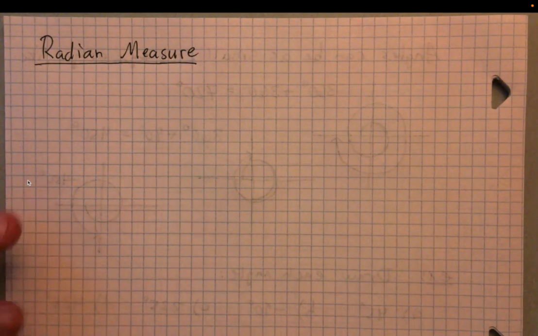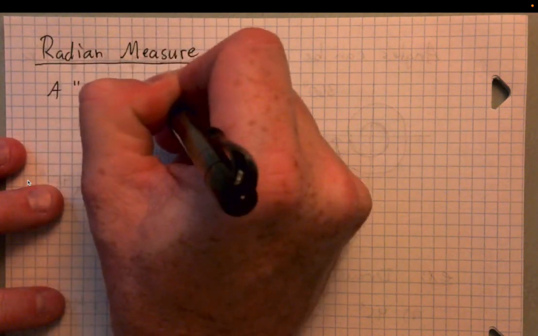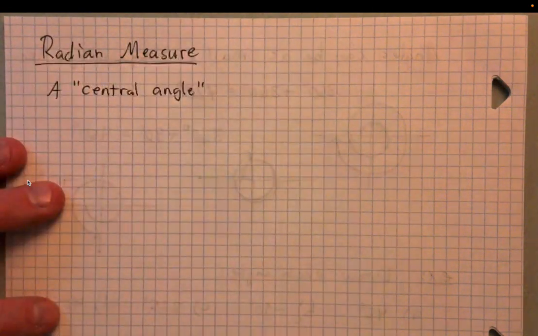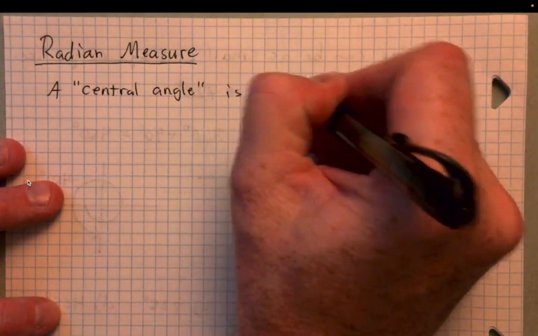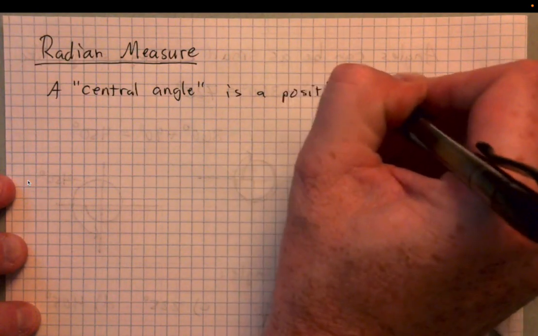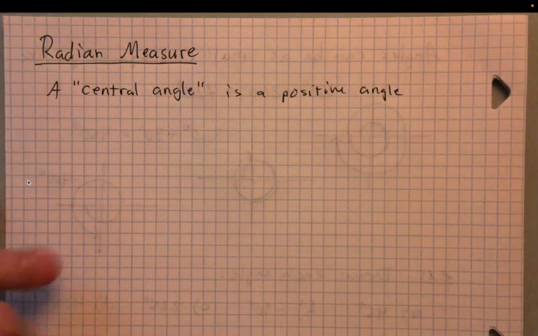Okay, and so let's talk about radian measure. We're going to use this term central angle a lot, and so we need to define it. A central angle is a positive angle whose vertex is at the center of a circle.